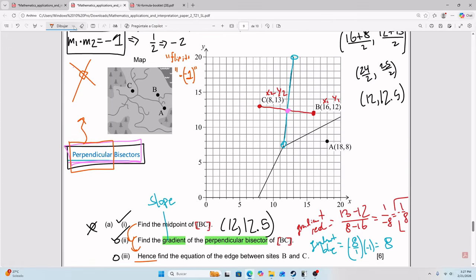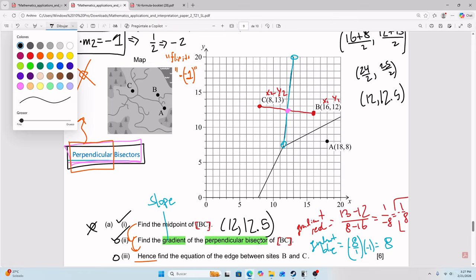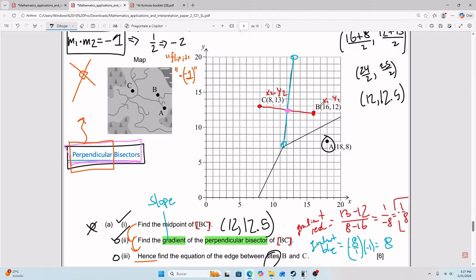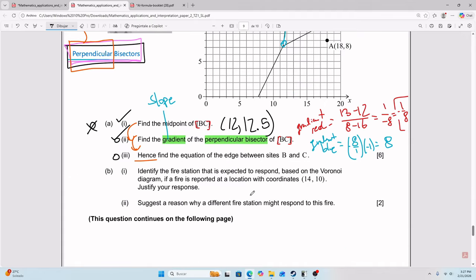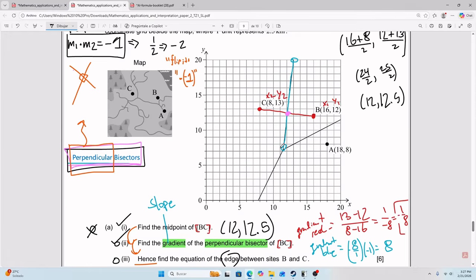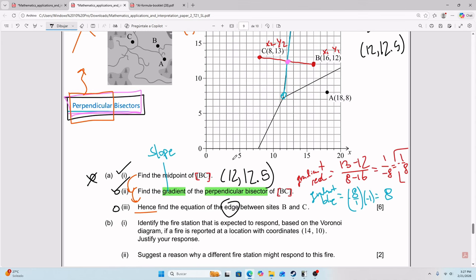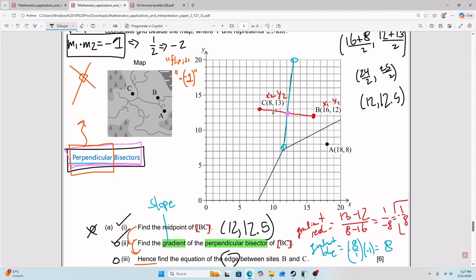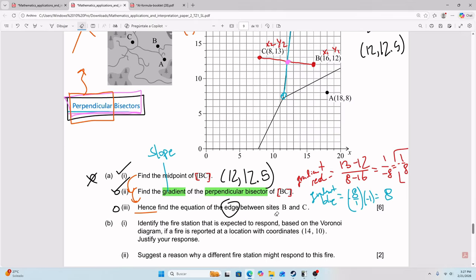Yeah, so there we have a little bit of Voronoi diagram sort of language. Sides are going to be A, B, and C. And then the edges between both is literally going to be all the perpendicular bisectors that happen in between. So we need to find the equation of that edge between sides B and C. Basically, find the equation for the line in blue.